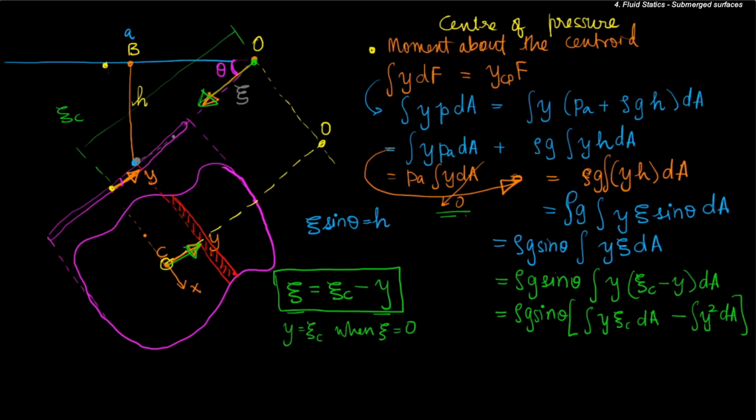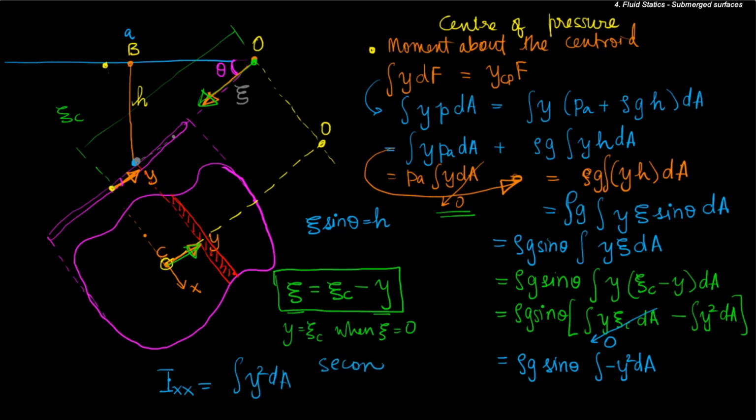And again with the same logic as discussed before, this particular term is 0 by definition of the centroid, and thus this becomes rho g sine theta times integral minus y square dA, and this is the second moment of area. So Ixx is equal to integral y square dA. This defines the second moment of area about the x-axis. This essentially is rho g sine theta, and the minus sign we can keep over here, times Ixx.